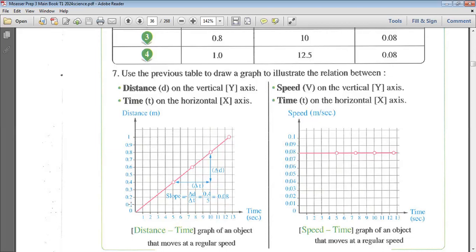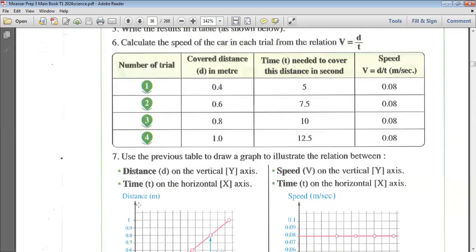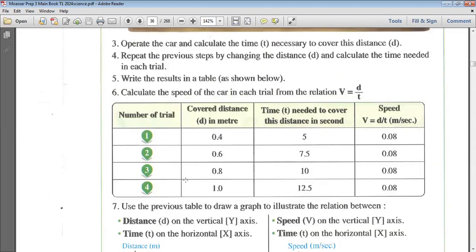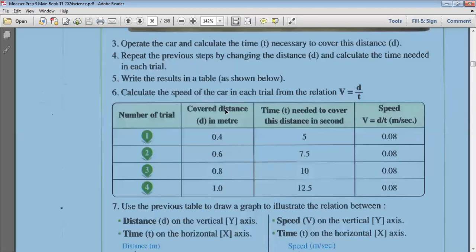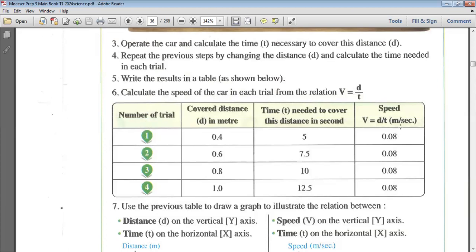Because by increasing distance, the time increases. This means distance is directly proportional to time when the object moves with a constant or regular speed. Okay, so we did an activity, used the data, measured distance in meters and time in seconds, and used them to get the speed, equal to distance over time.